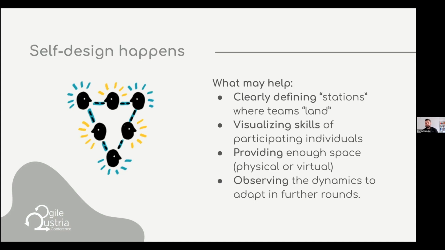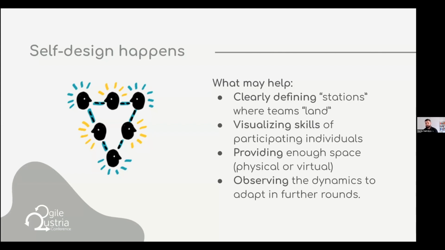Another important thing, because there will be quite some chaotic movement throughout this exercise, is to visualize those skills, which we were talking about previously. So that can be some kind of badge where people have their skills highlighted. There could be some kind of color coding, or if we're talking about online events, we could give people homework to prepare some kind of avatar or profile of their own, which would contain information about their skills and domain expertise.